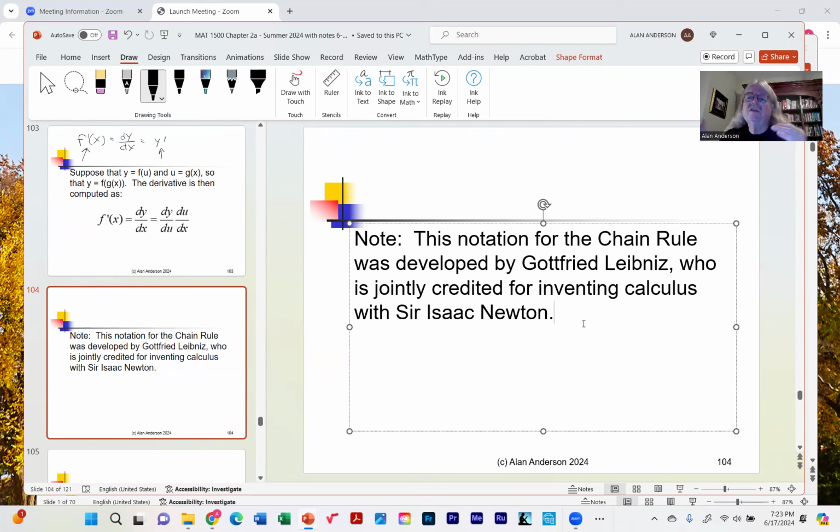So here's the way we have to approach it. Remember, we said that y is a function of u, and u is a function of x. So what we're going to do is designate this expression as u.